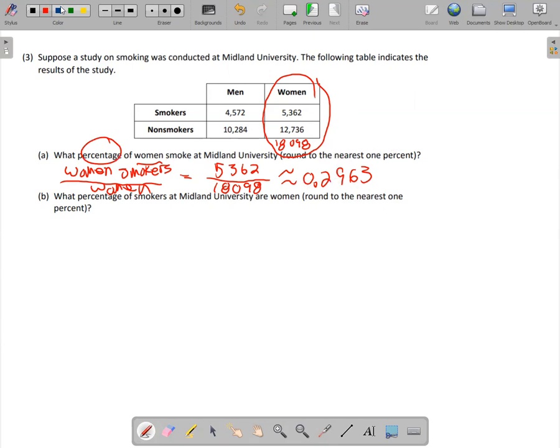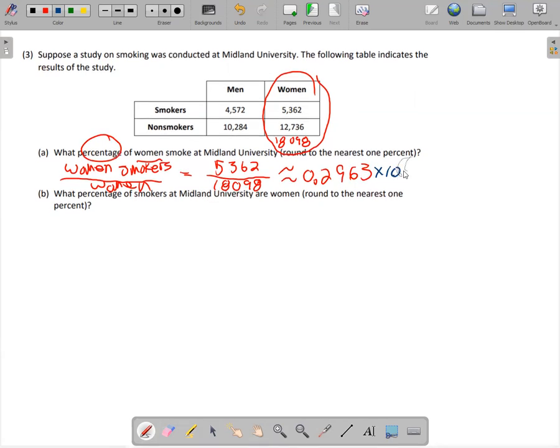So remember, to convert that to a percentage, we've got to multiply by 100%. That's going to shift the decimal point and give me 29.63. And nearest 1%, not tenth of a percent.